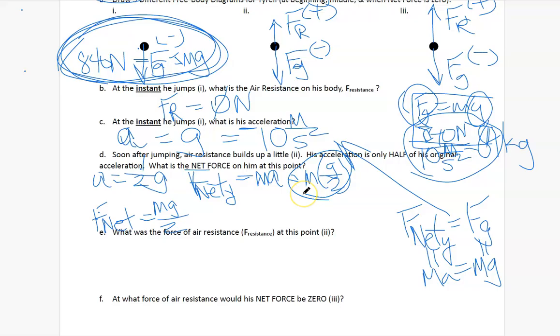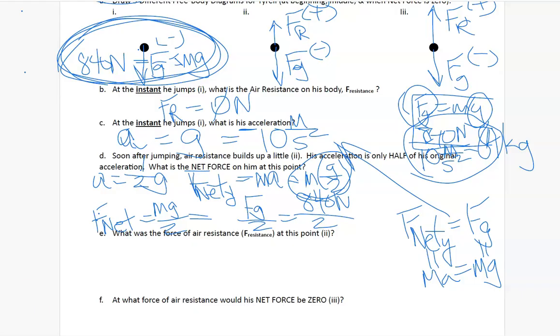Well, mg is his weight, divided by 2. Well, he weighs 840 newtons. Divide by 2. And that gives us a value of 420 newtons of net force. But remember, it's in the negative direction. It's pointing down. So our net force is negative 420 newtons at this point.